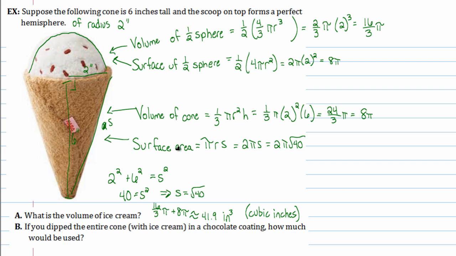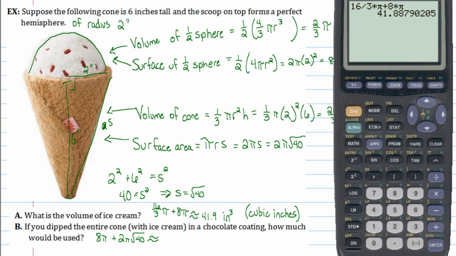So the total surface area is 8 pi plus 2 pi root 40, which will roughly equal, well, let's find out. Let's bring up our handy dandy graphing calculator.